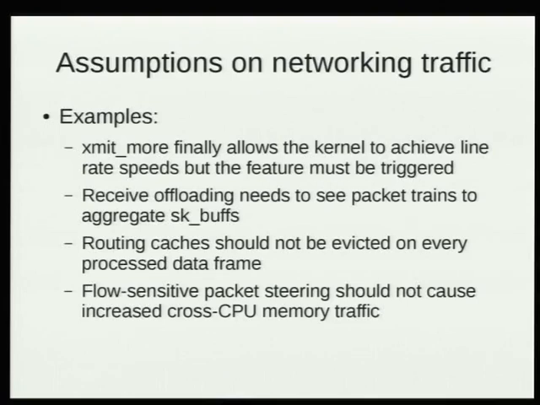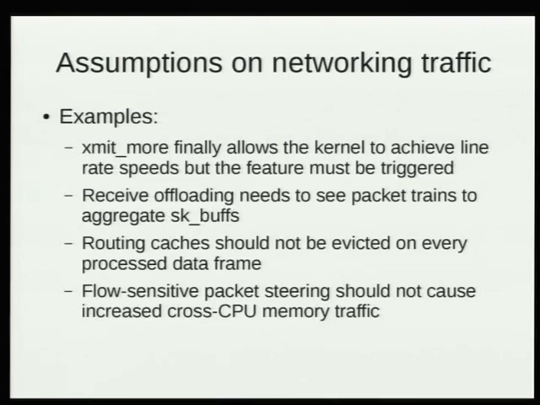We have different offloading strategies in the kernel, which also only work if the protocol is understood by the kernel and if, for example, TCP does not reorder packets that much. We have routing caches, which only work if you have connected sockets, of course, and your routing table is not changed every millisecond by some routing daemons.